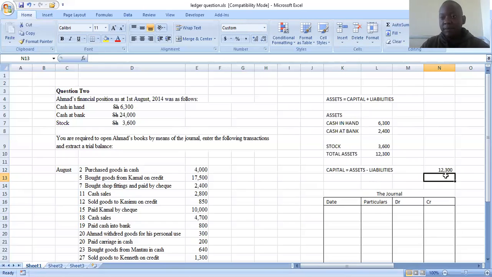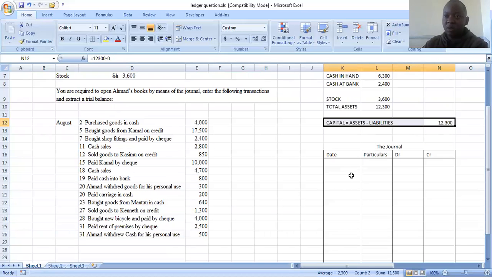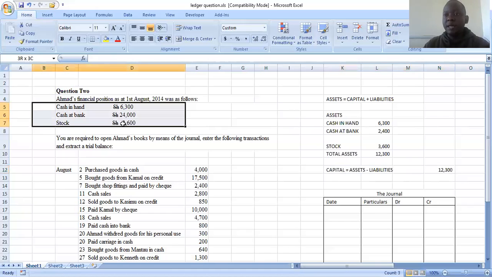At the beginning, the capital of the business is equal to assets minus liabilities, and since you don't have liabilities, the assets are equal to the capital. So the capital of the business at the beginning is 12,300, and that has to be noted. So the duality effect: at the beginning you only have the asset side, so to equate that, we use the accounting equation to determine how much capital it is.